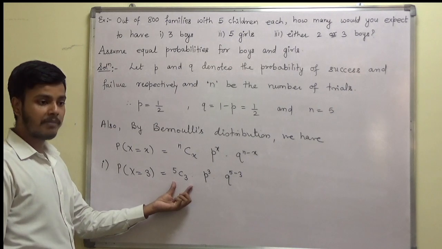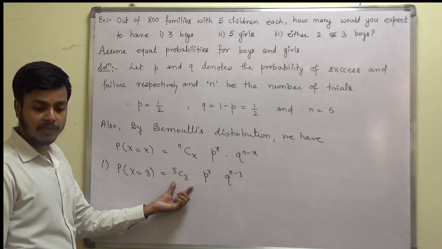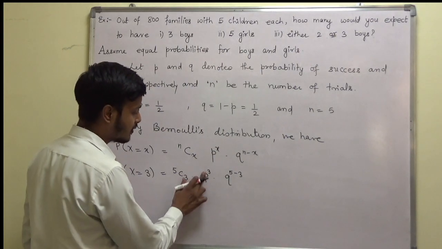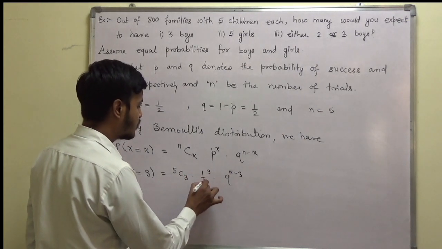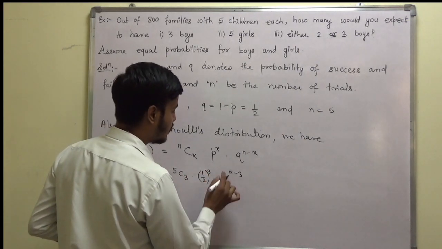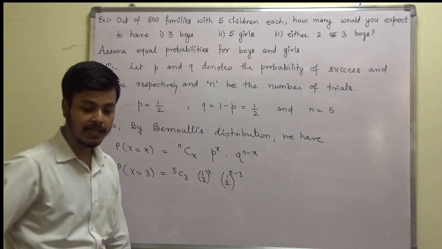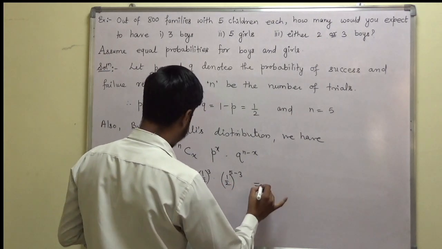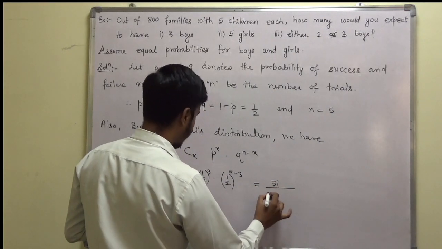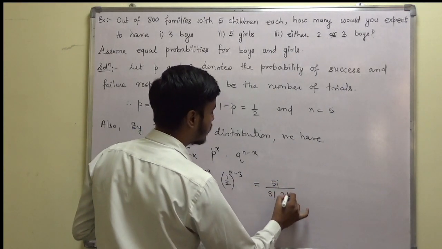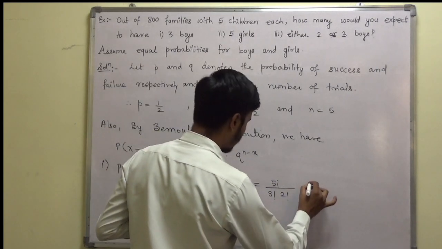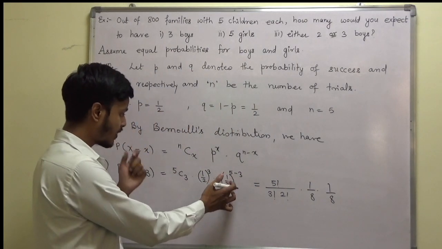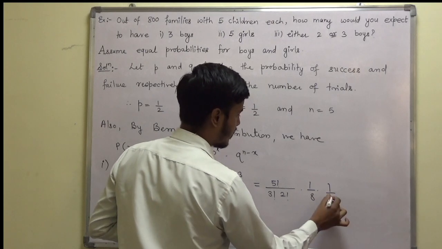Now you just make use of the combination formula. What is p and q? You can substitute here: p is 1 by 2 and q is also 1 by 2. So you can write it as 5 factorial over 3 factorial into (5 minus 3) factorial, which is 2 factorial, into 1 by 2 cube, that is 1 by 8, and 1 by 2 square, that is 1 by 4.